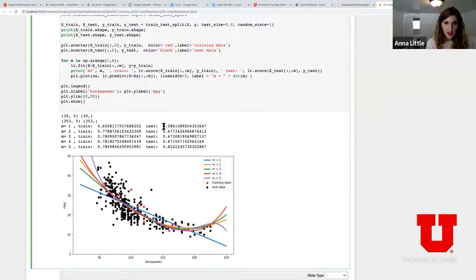But on the testing data set, the performance increases from 1 to 2, and then it actually decreases from 2 to 3 and 3 to 4, etc. So this is nice because instead of playing the guessing game about where the R squared value plateaus, we can just look for the highest value on the test data set and say it looks like the second degree polynomial model is really the best model.